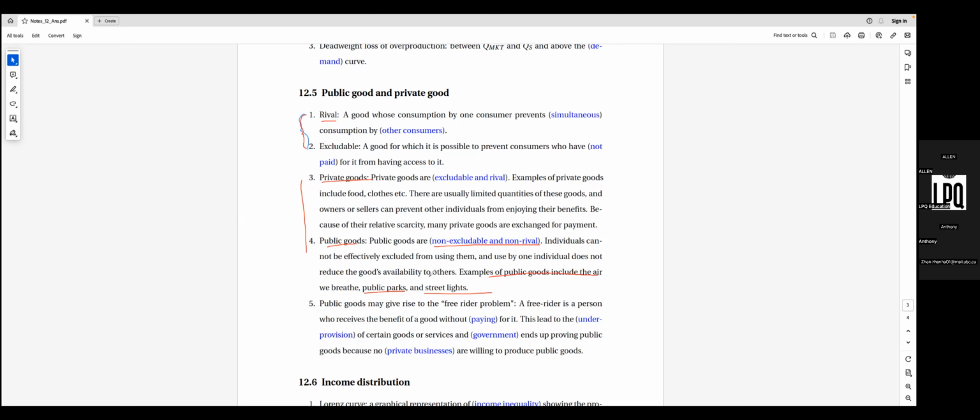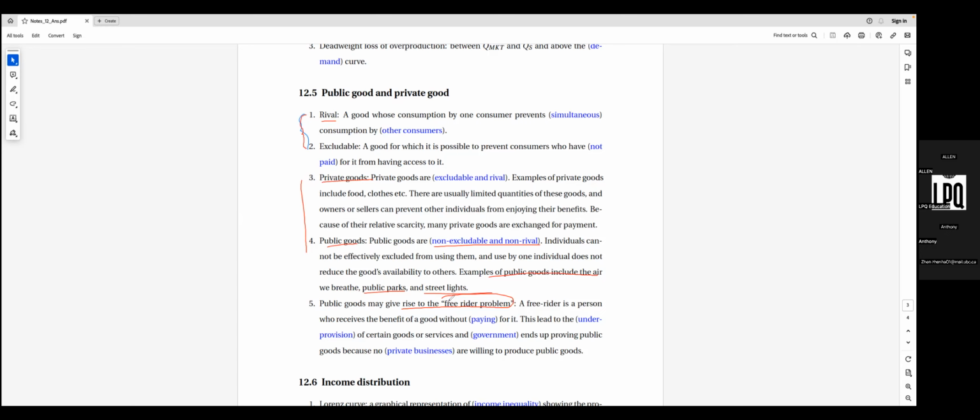Because public goods are non-excludable, this generates a problem, the so-called free rider problem. Non-paying consumers we can call free riders. You don't pay any tax, you are still attending public schools and have access to Stanley Park, so you can be called a free rider.